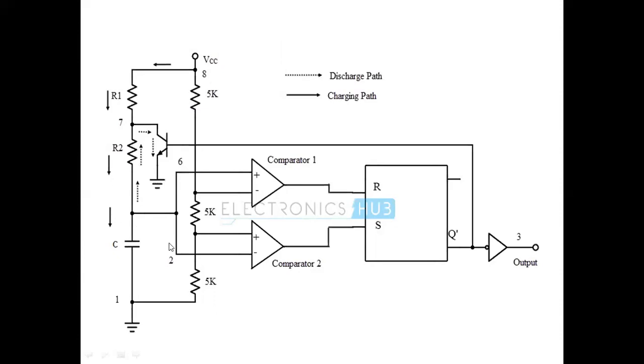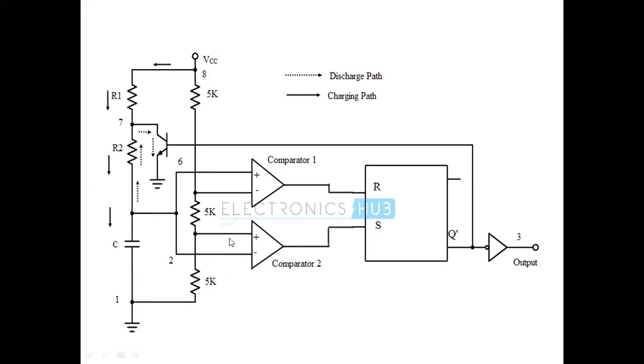While discharging, the capacitor is also connected to comparator 2. Here we have the reference voltage of 1/3 VCC, and the voltage at this point, connected to the capacitor, is less than 1/3 VCC.